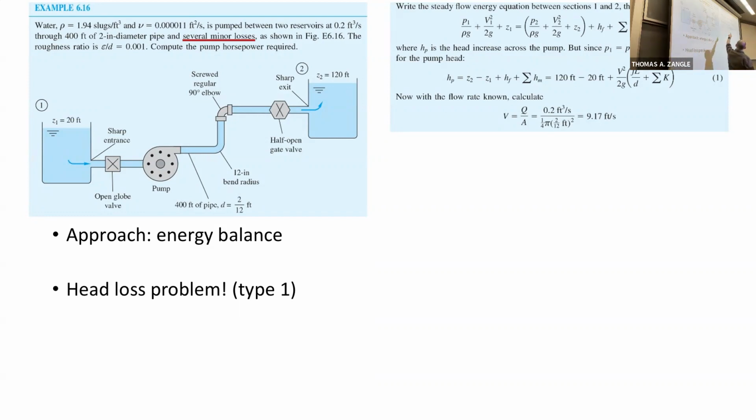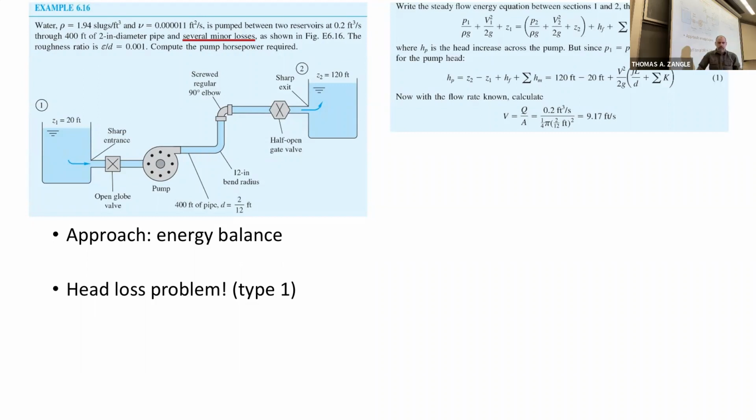So the only thing we're left with from the energy of the fluid at section 1 and section 2 is just Z2 minus Z1. So the head that we require from the pump is Z2 minus Z1 plus the head loss due to friction through the pipe plus all of the minor losses.